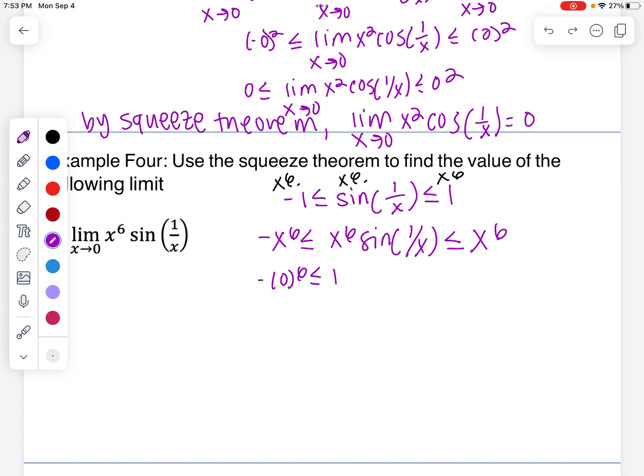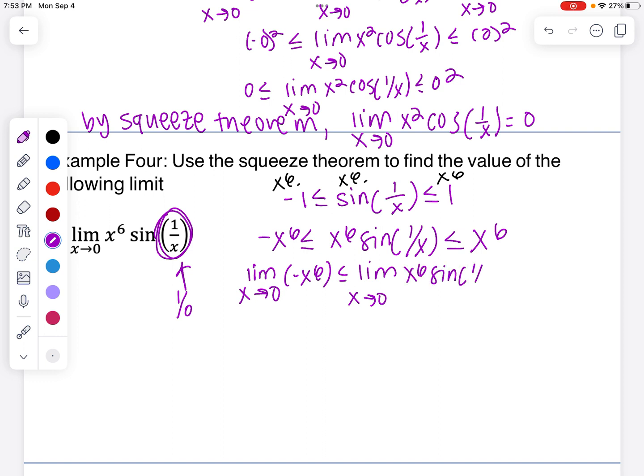Again, the reason I can't just plug in 0 is because you can't do 1 divided by 0. That's the problem. So by the squeeze theorem, this helps us. If I plug in 0 here, I would get 0, because negative 0 to the 6th power is 0.